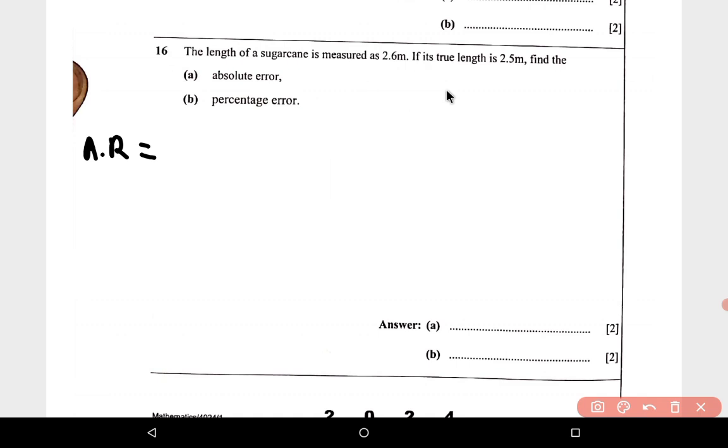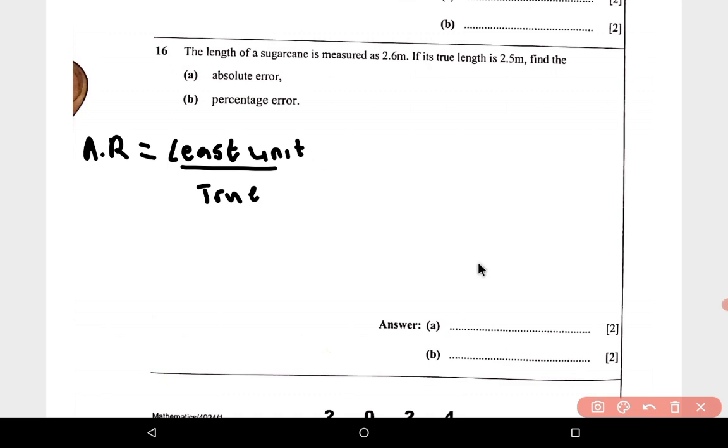So we're going to say that the least unit of measure over the true measurement. So the length of a sugarcane is measured to be this.